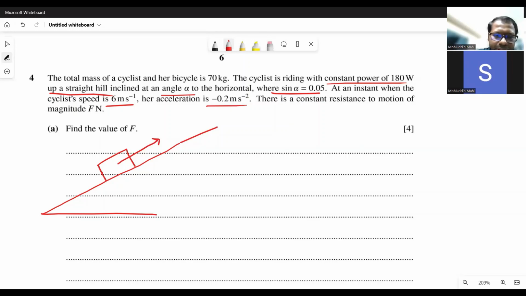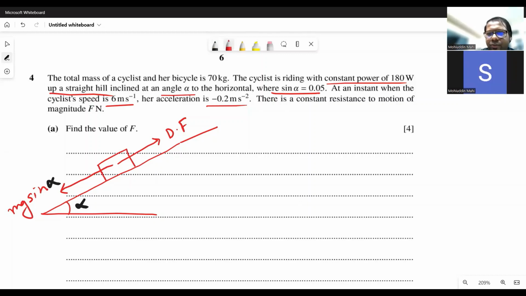She is applying some amount of driving force, so let's consider it dF, and her component of weight will act in the downward direction. That's mg sine alpha. Oh, sorry, the angle is given as alpha, so sine alpha.